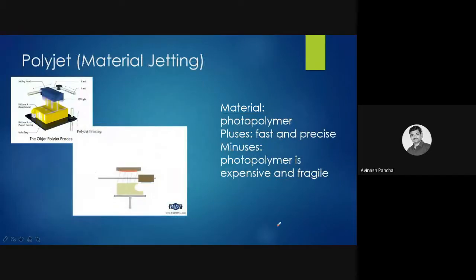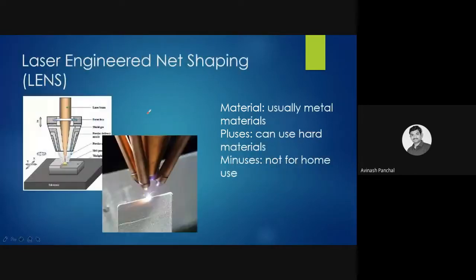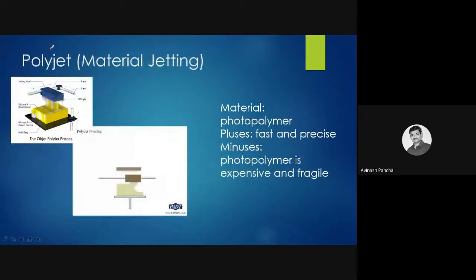So here we can see how polyjet material jetting works. Here the polyjet process is going on. There is the fulcrum, and the model material, and you pass the UV light from the jetting head, which moves in the X and Y directions.